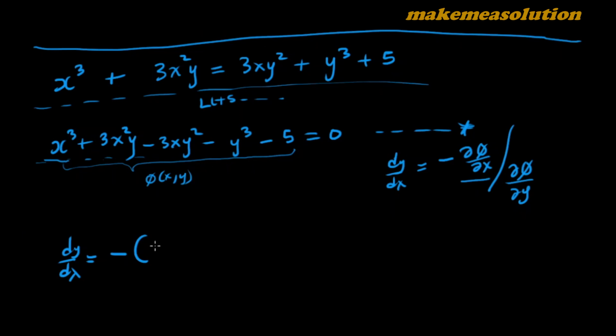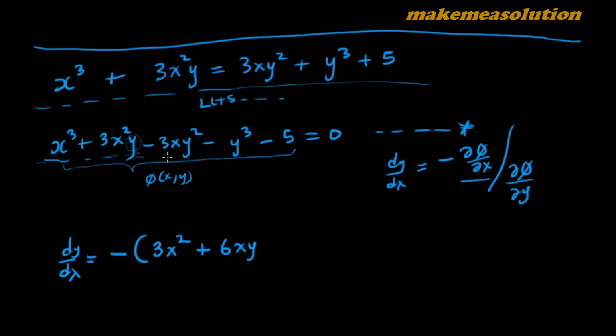Therefore, beginning with this term, differentiating it with respect to x, I'll have 3x squared. Then going over to this term, differentiating it with respect to x, remember y is a constant, so nothing will happen to it. So I'll get plus 6xy. y is a constant, that is why nothing happened to it.